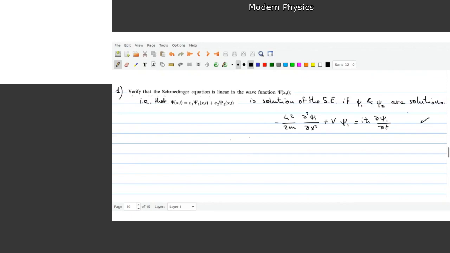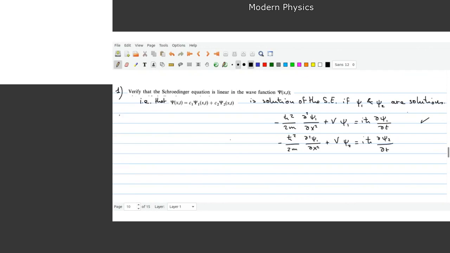I say this is a solution, so it obeys this equation. And same thing for psi2. So this is what it means to say that they are solutions.